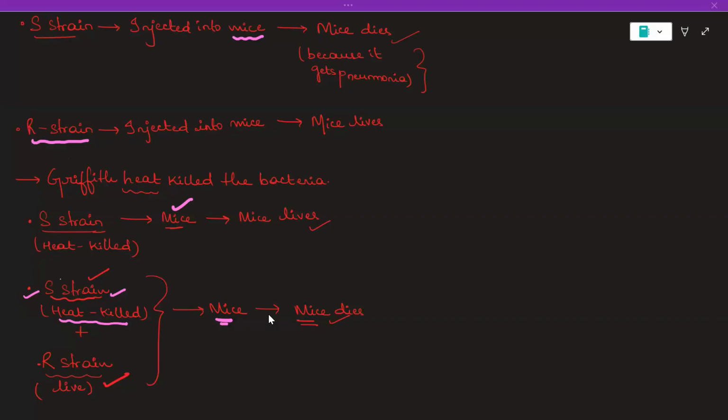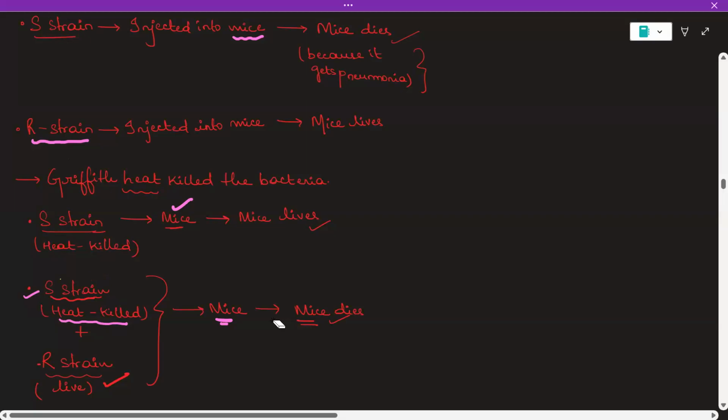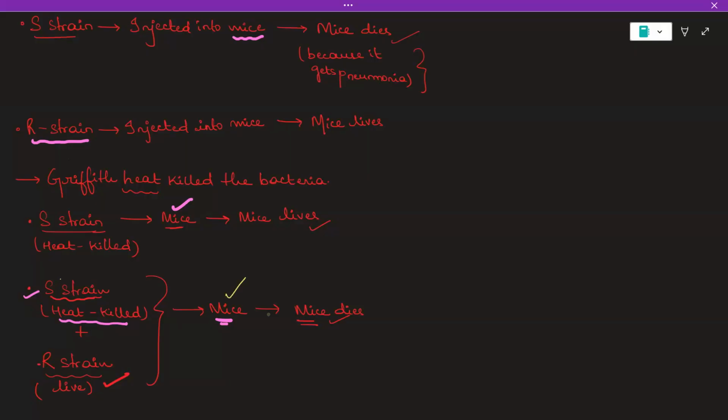And then he heat killed the bacteria, meaning he killed it. And then he took that killed bacteria and injected it into the mice. Now, since the bacteria was killed, the mice did not get any pneumonia from the S strain and the mice lived. But then he made a combination of the heat killed S strain bacteria and the live R strain. And then he injected it into the mice and the mice died.